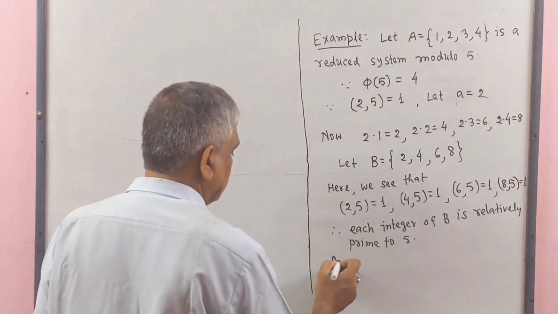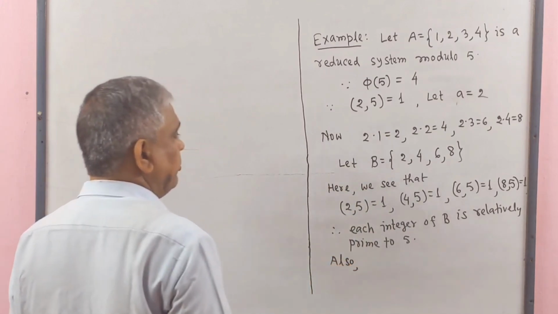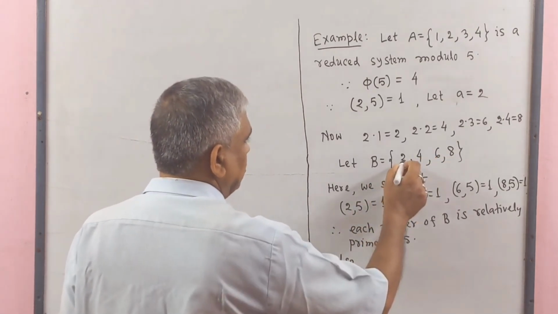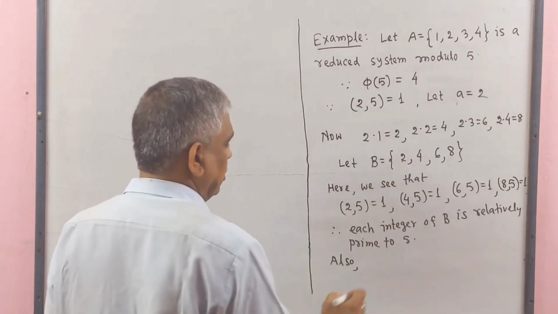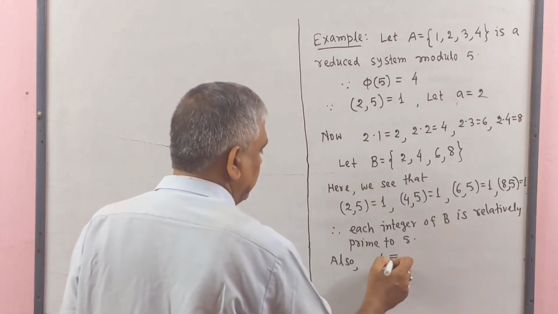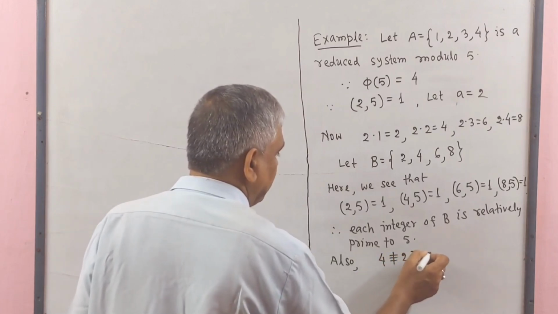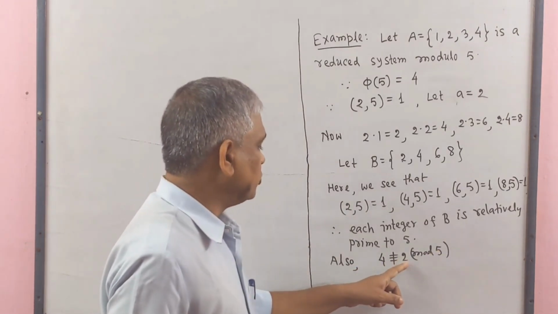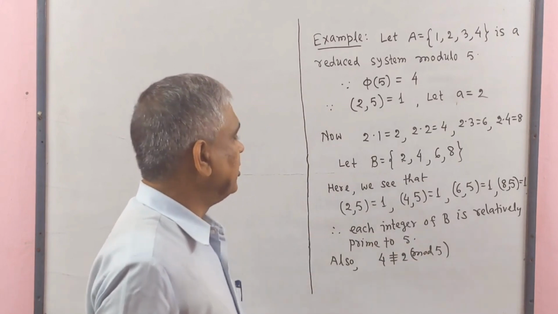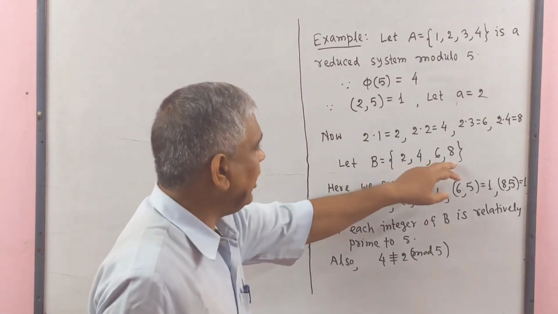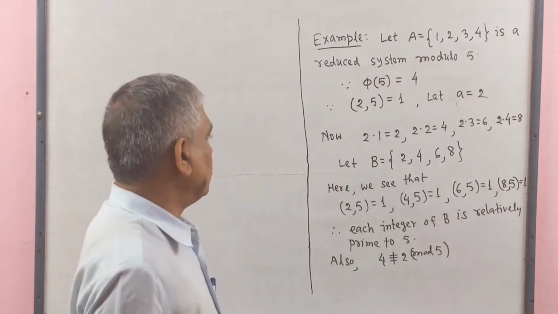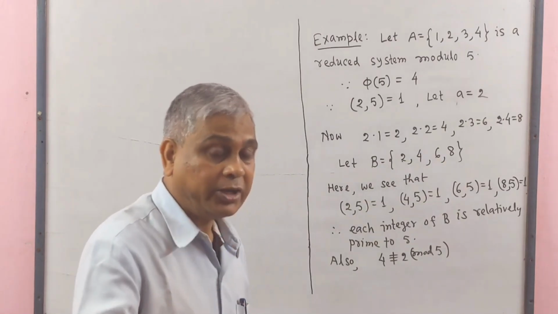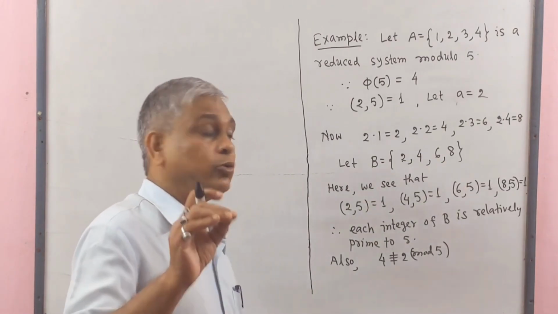Also, if we take any two integers of B, let 2 and 4, 4 is not congruent to 2 modulo 5 because 4 minus 2 equal to 2 is not divisible by 5. Similarly, any two elements of B are not congruent to each other modulo 5.